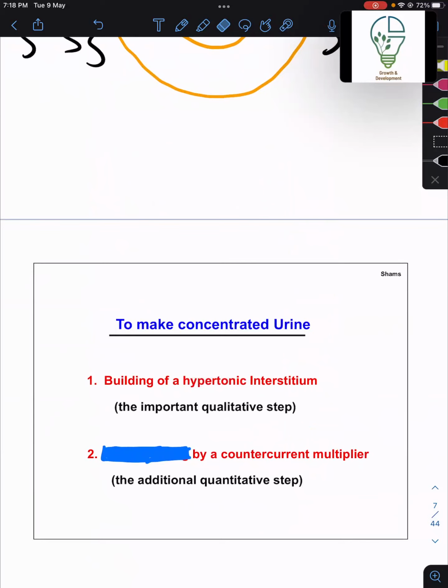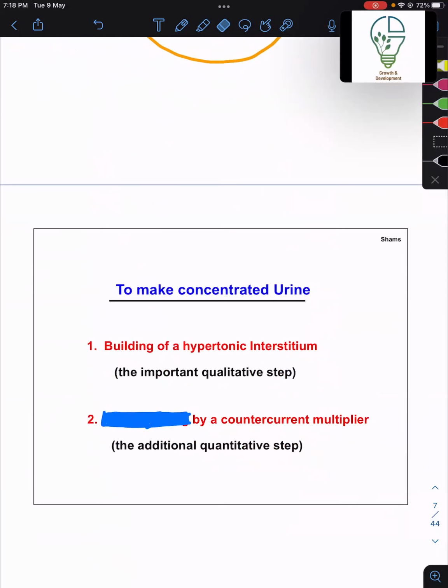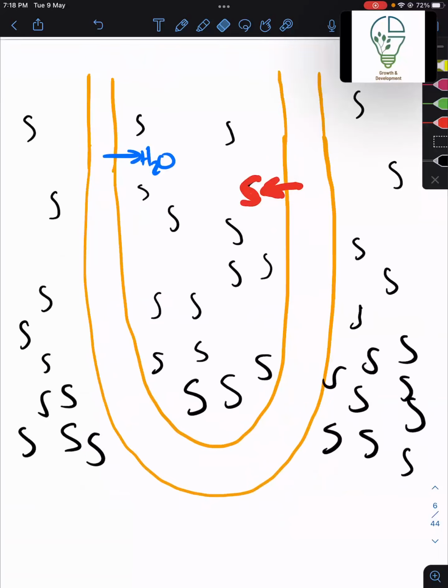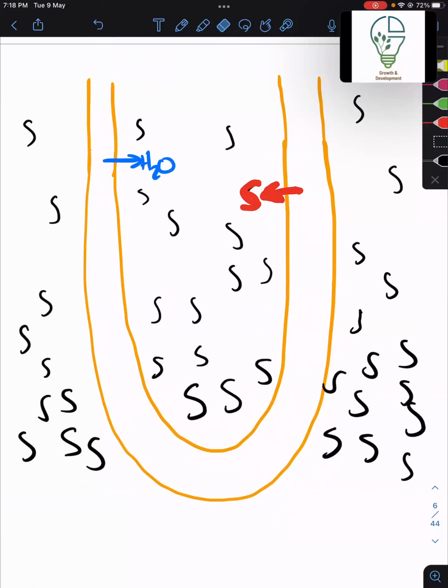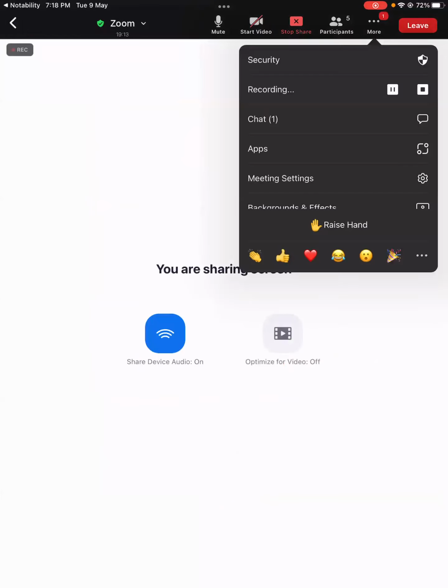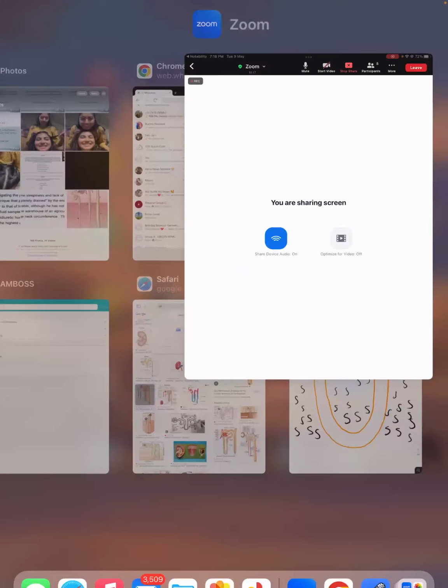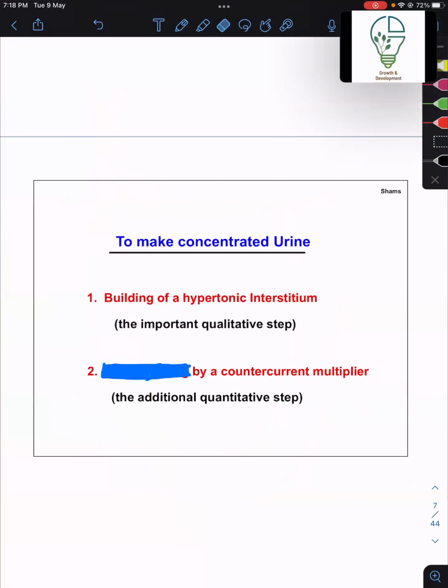The second question: as we go down the loop of Henle, is the concentration of solutes increasing or decreasing? Increasing, good. That's what is meant by this phrase over here, concentrating by a countercurrent multiplier.